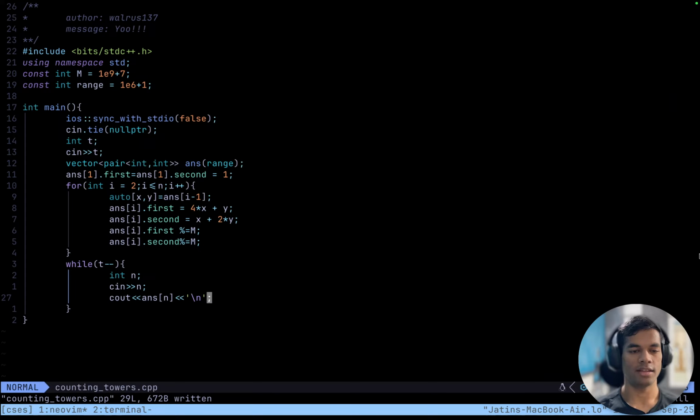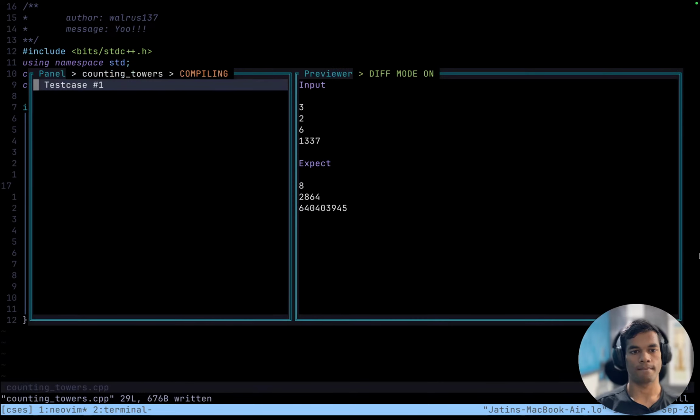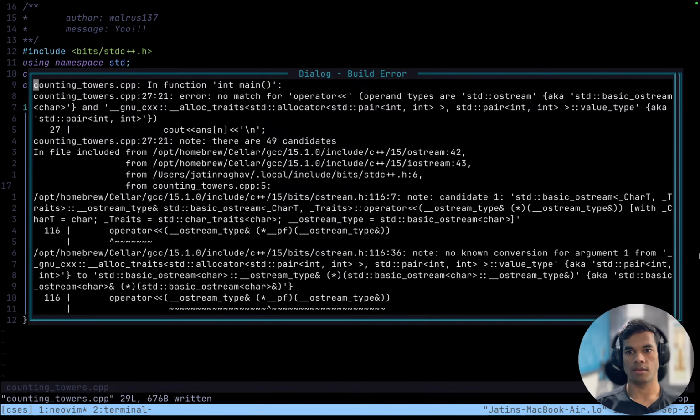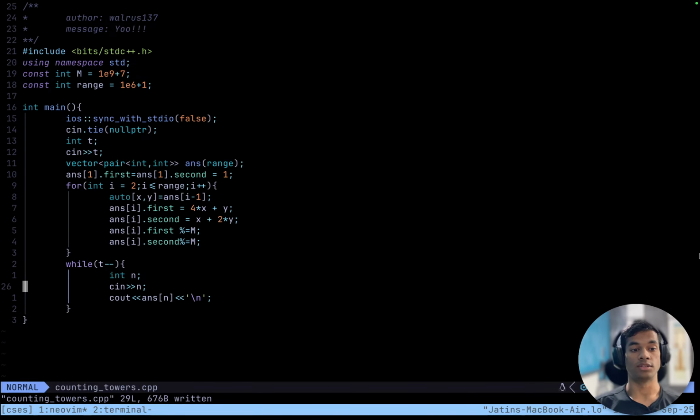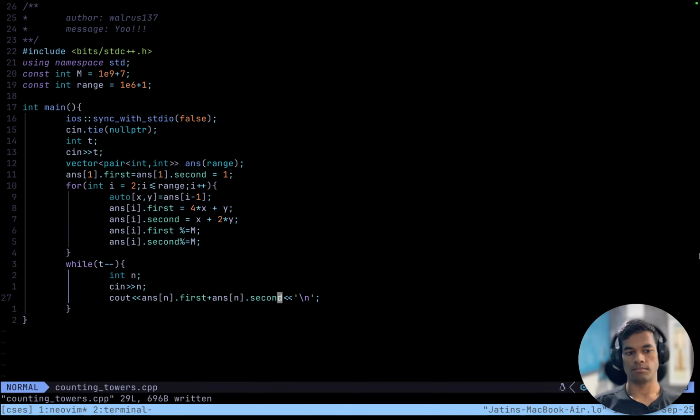Not declared in this scope. Yes, of course not declared in this scope. Okay, my bad, sorry. Answer n dot first plus answer n dot second, and this might overflow.